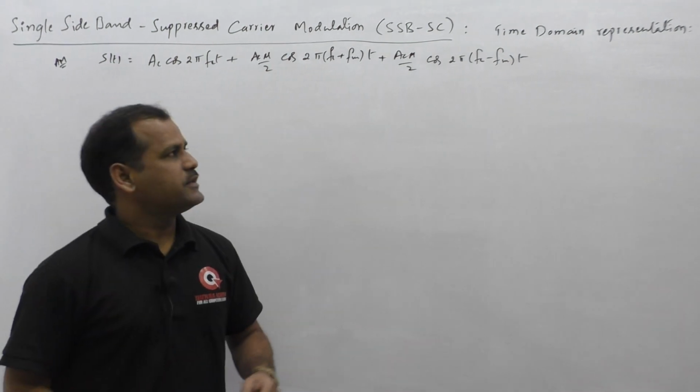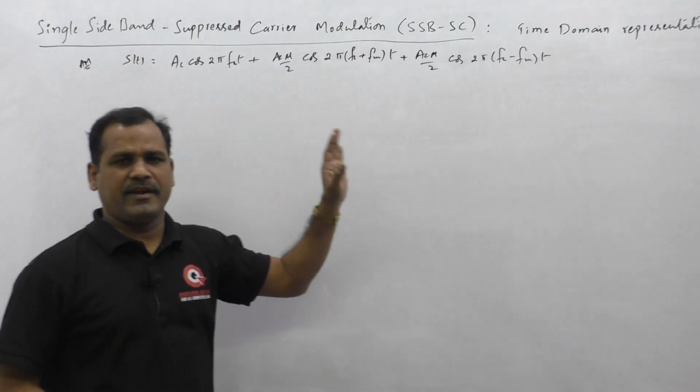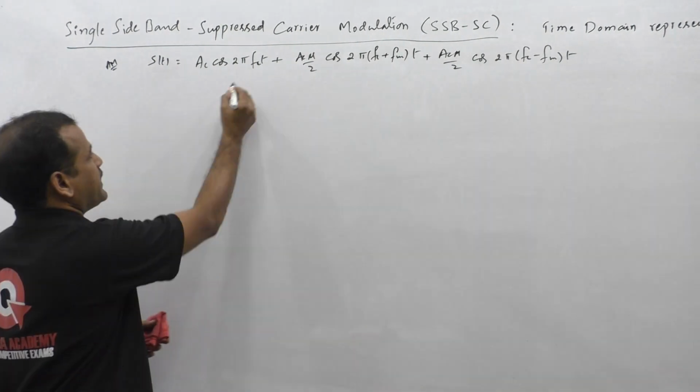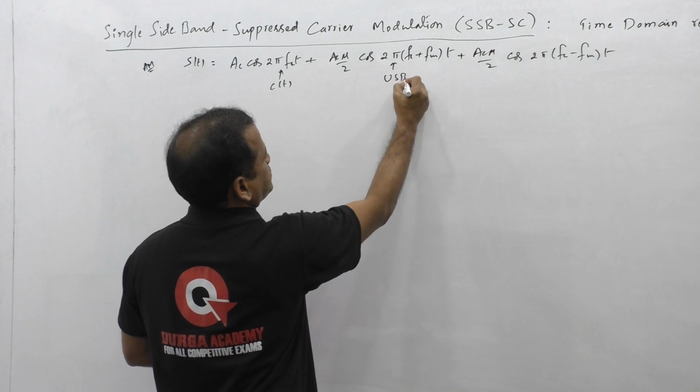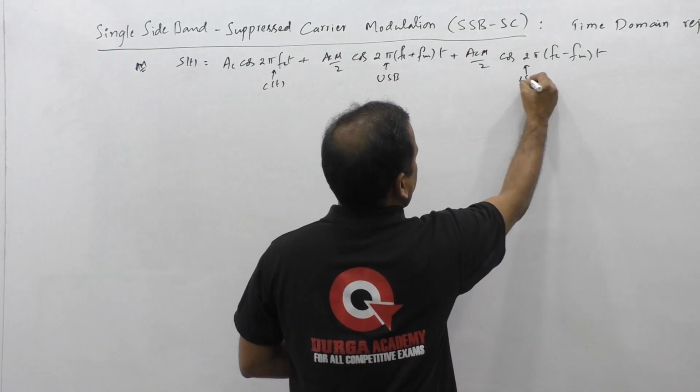If you observe, there are three terms in this conventional AM signal. First one is the carrier signal, second one is the upper sideband, third one is the lower sideband.